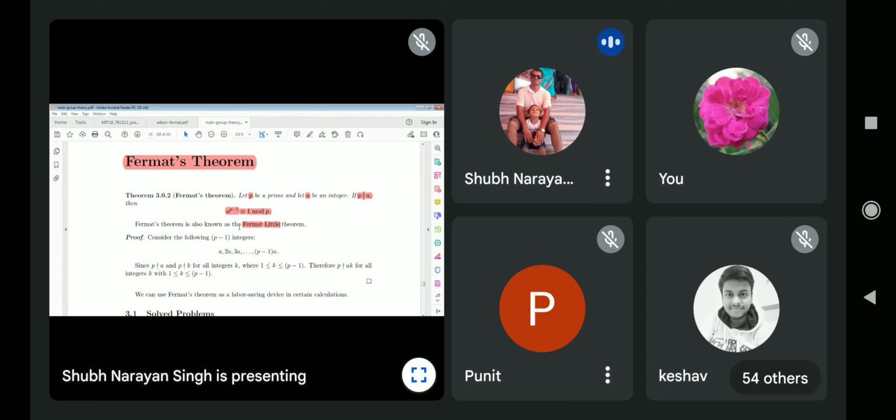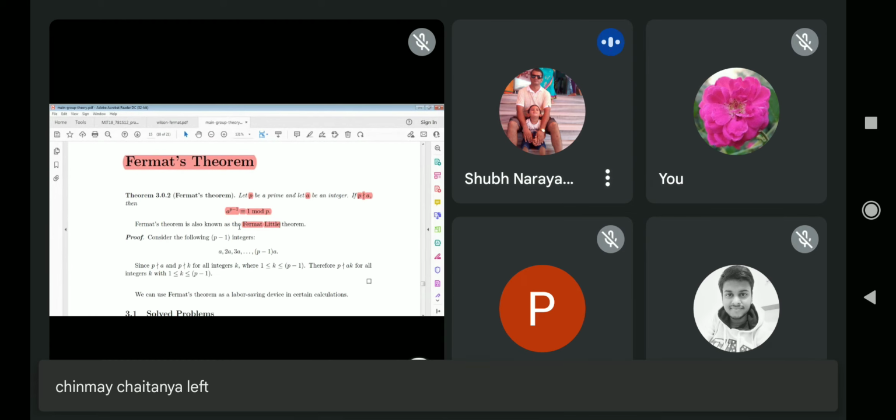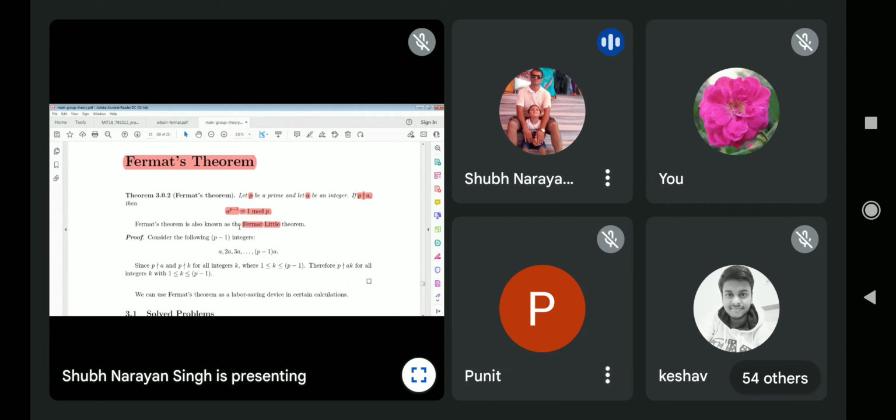So in this theorem, we have three pieces of information. We have a prime number p, we have an integer a, and the third and most important information is that p does not divide a. Using these, we conclude that a to the power p minus 1 is congruent to 1 modulo p. That means p divides a to the power p minus 1 minus 1.